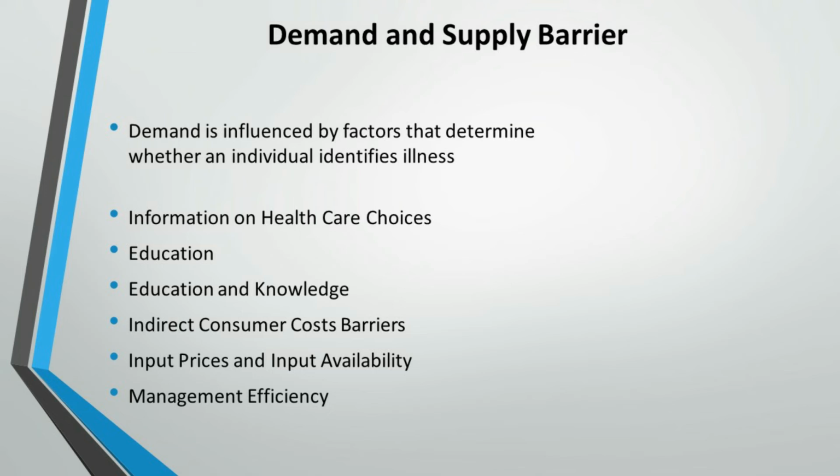are the result partially of income distribution and partially of lack of mechanisms to spread risk across the population or across time, so that individuals can pay for care when they can afford it rather than at the time of illness.